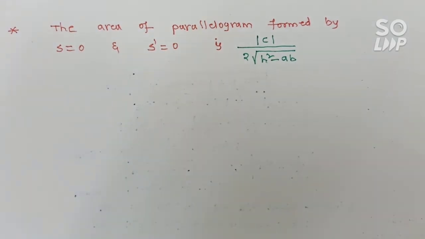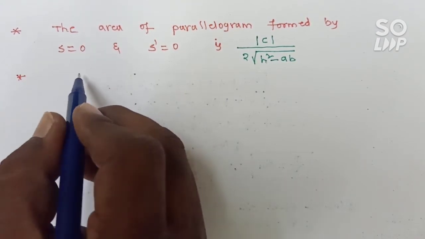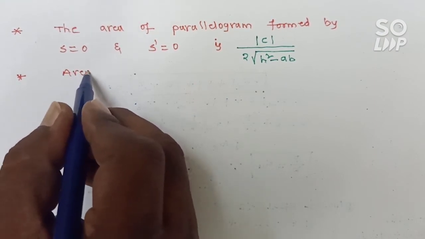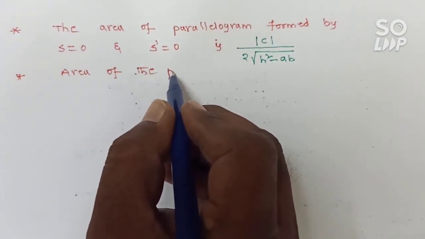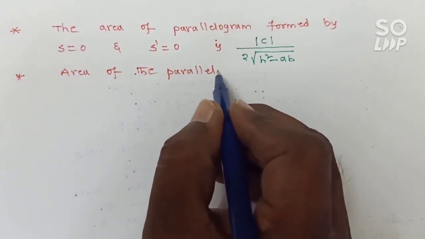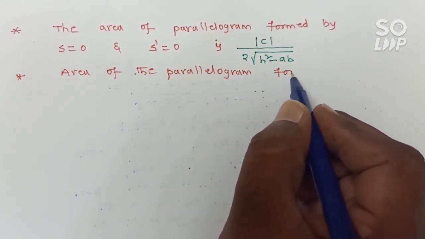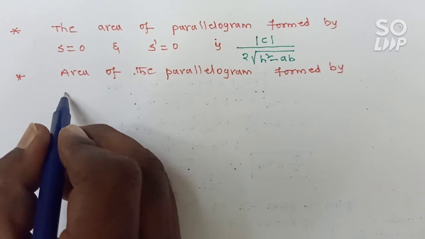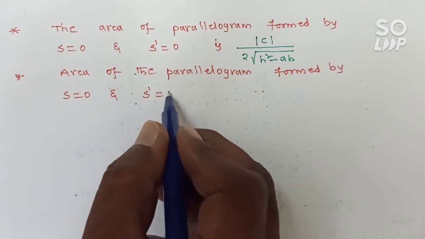See, the other one is the area of the parallelogram formed by S equals 0 and S dash equals 0.